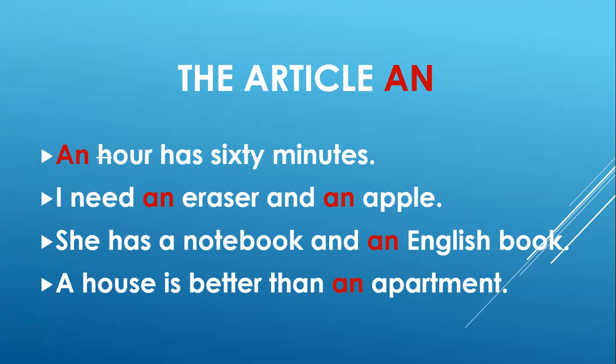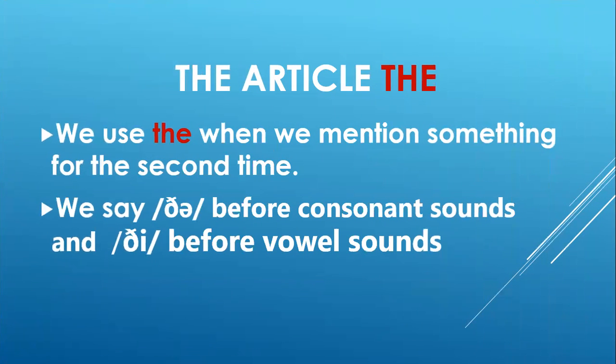Okay, let's see the article the. We use the article the when we mention something for the second time, or when we have already mentioned something. In that case we use the, and the pronunciation is going to be different if we have consonant sounds and vowel sounds.